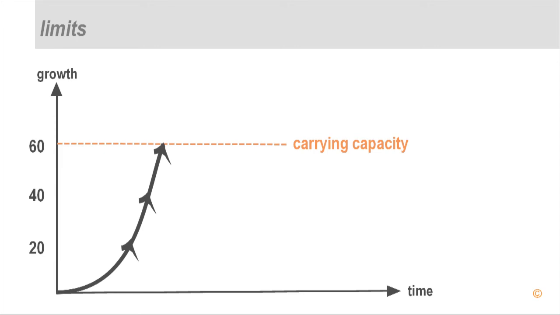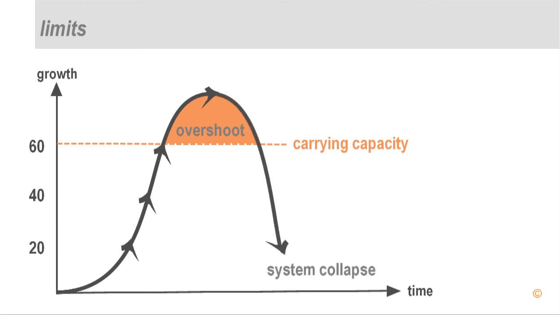If it was a particularly dry season, 60 may just be a little too much, or if it was a wet season, then maybe 62 cows would be fine. But if that carrying capacity is exceeded, we are overshooting it, then there will be systems collapse. The commons get overgrazed, all blades of grass are being eaten up, and the whole commons is unable to support even a single cow. The system has collapsed.